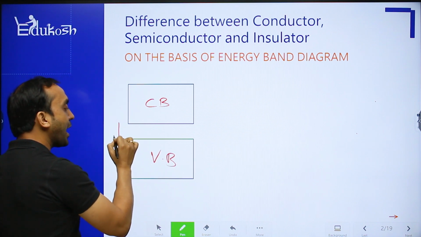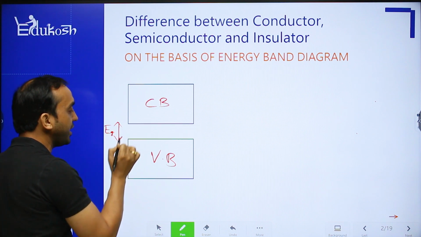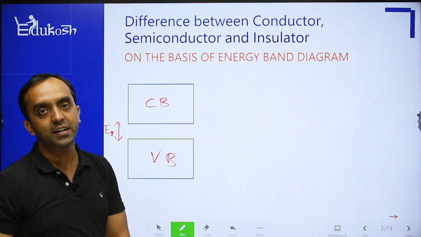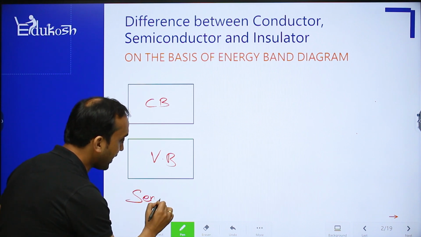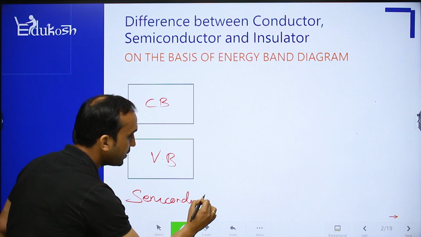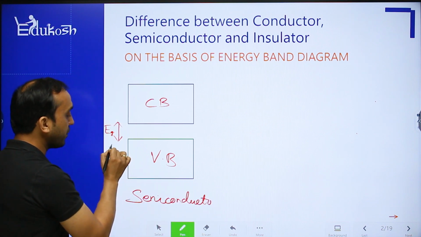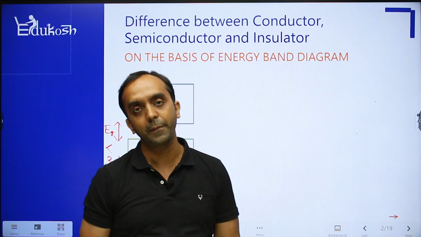The energy gap between the conduction band and the valence band is Eg, which is known as the forbidden energy gap. For the case of a semiconductor, this energy gap is always less than 3 electron volt.